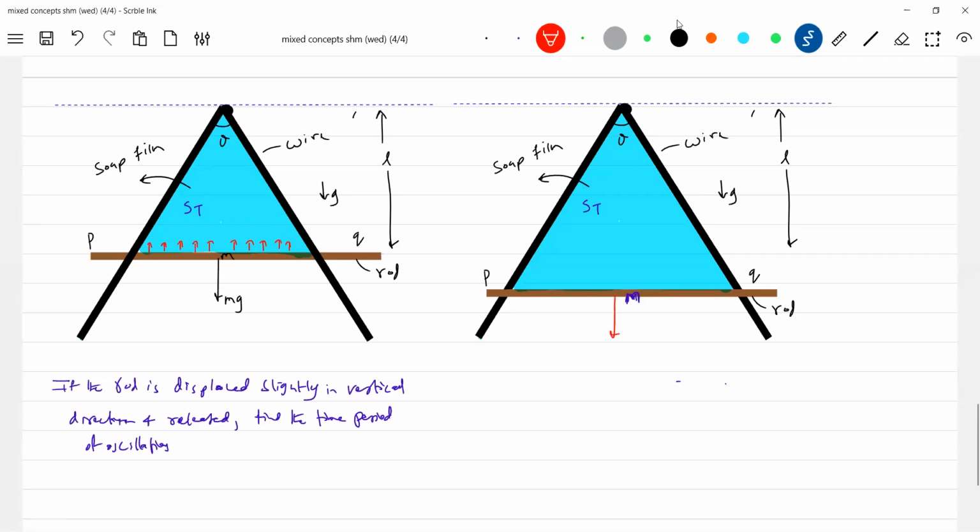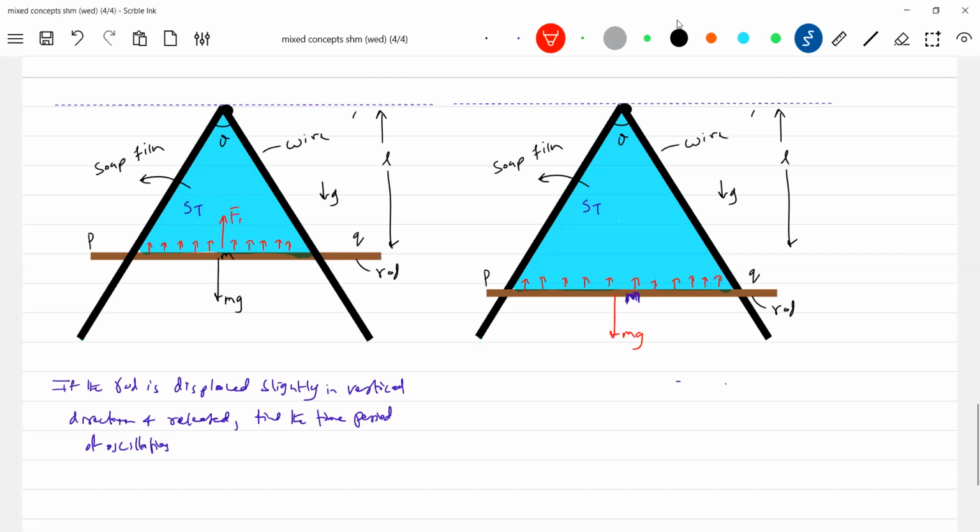Now also what happens, the weight mg will be acting, the force due to surface tension will act. So let's talk about initially the force due to surface tension.